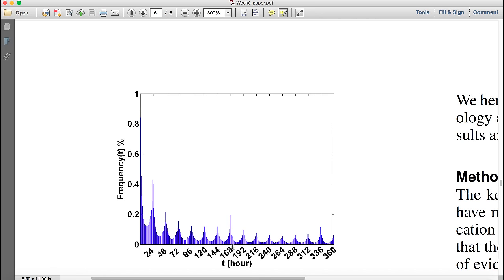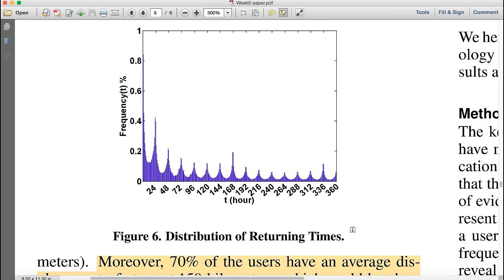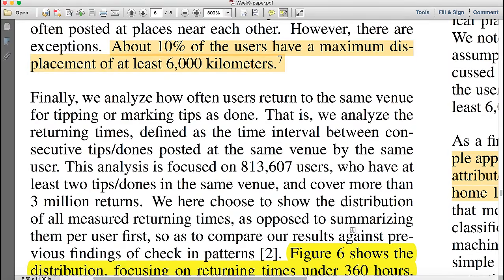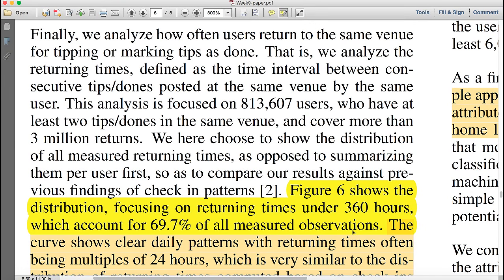So this is 168, which should be the week. Therefore there's a slight increase on the 7th day when tips are done. I hope that's making sense.